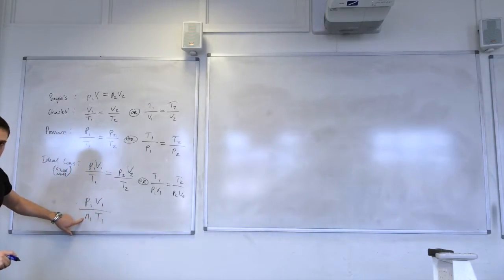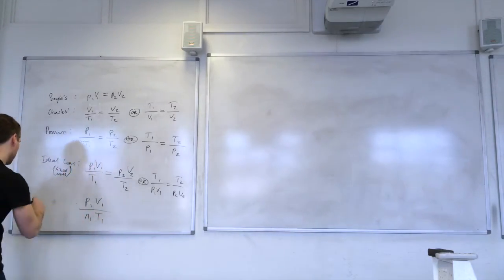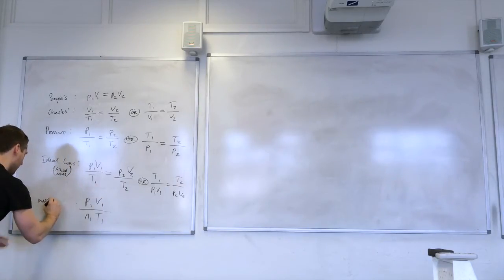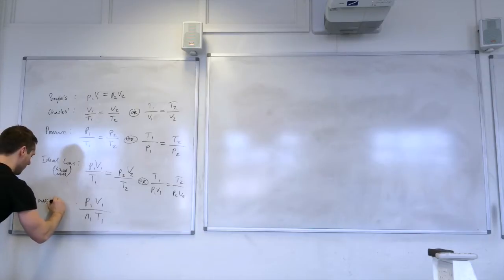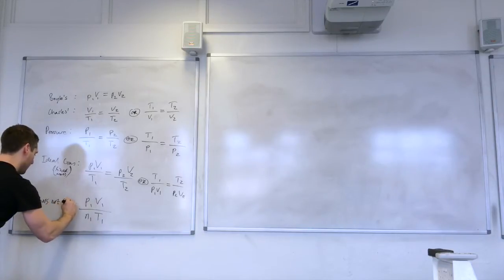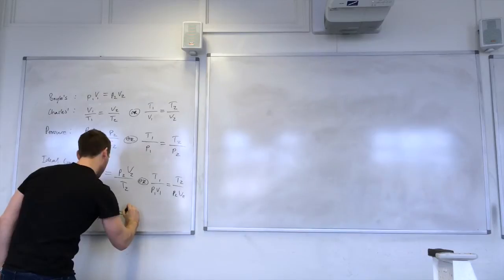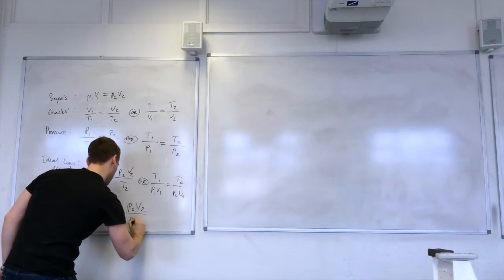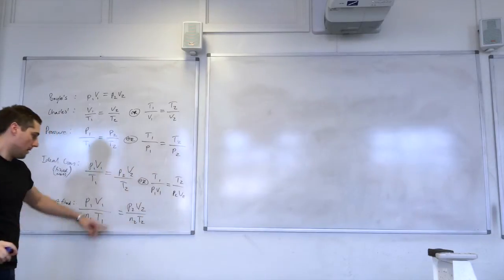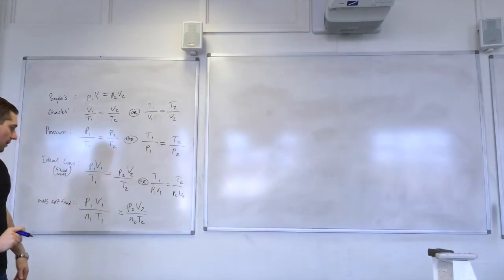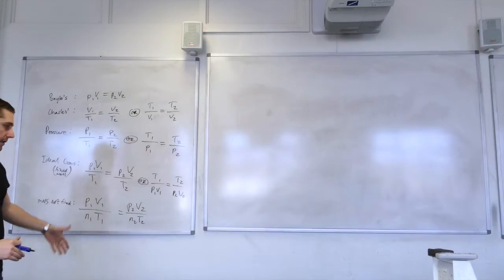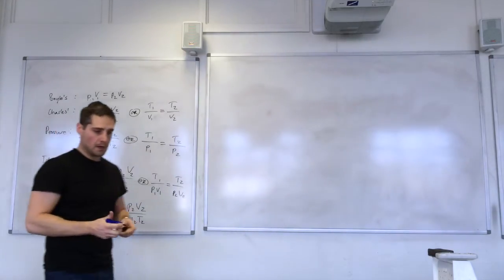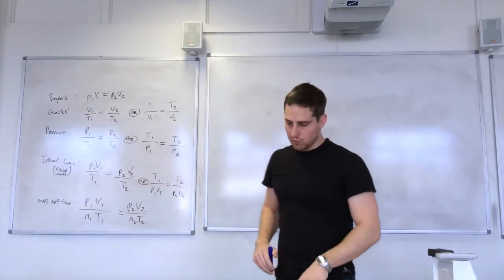So there's our number of moles here, N, which takes into account the change of the amount of gas. Okay, and then you could flip that one up as well. I won't do that in this case. I'll do a calculation where it's flipped so you can see it there. Okay, so we'll do some questions.